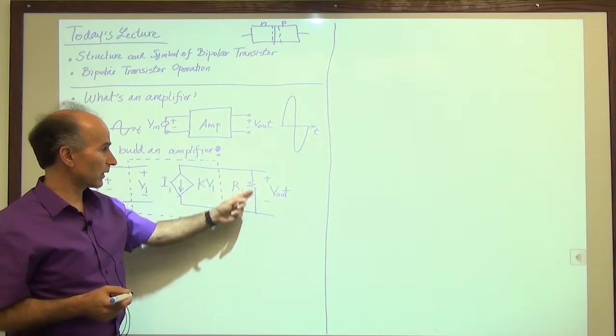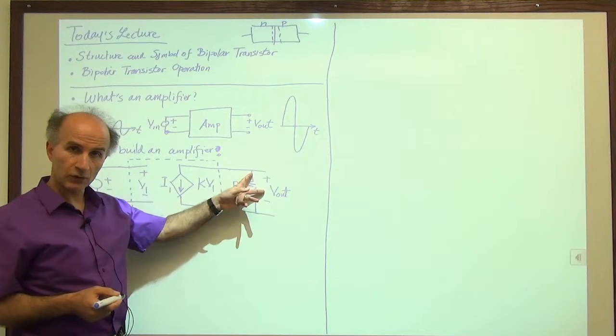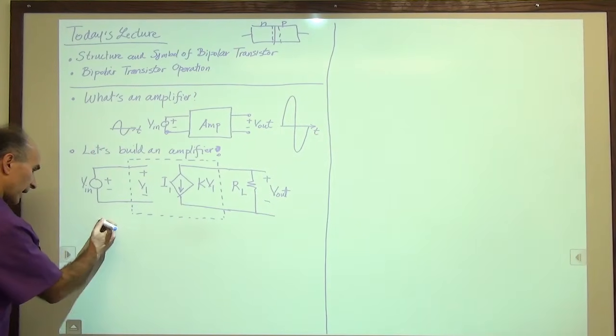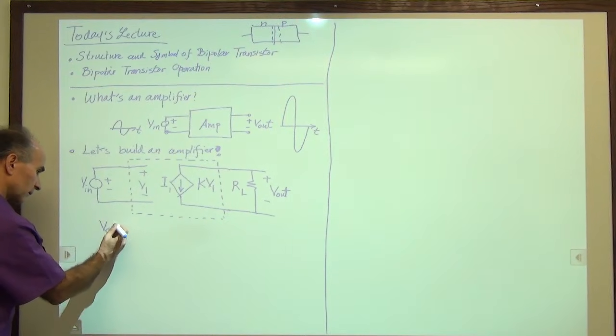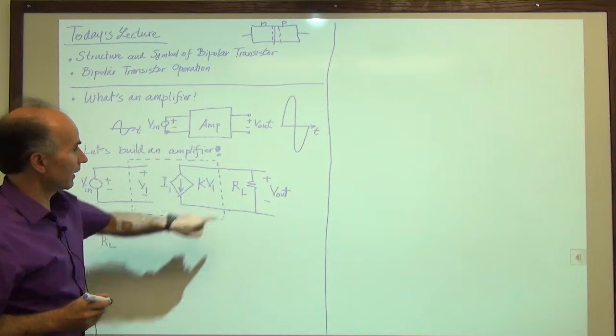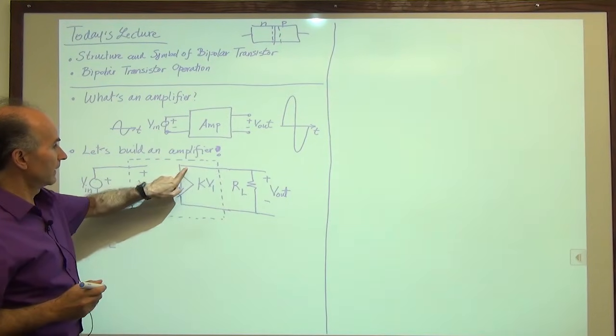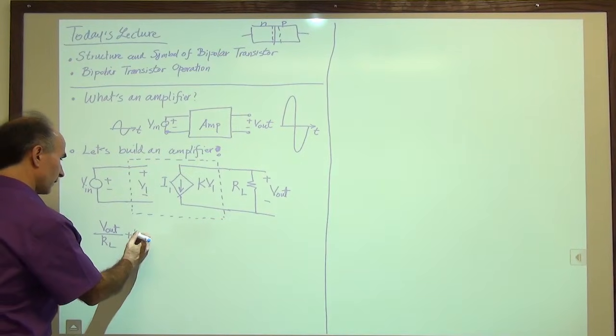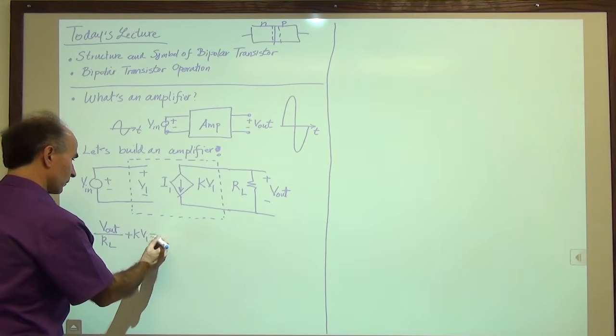How much is the current through RL? Well, voltage over resistance, so V out over RL. And then how much is this current? This current is KV1, plus KV1 must be equal to 0.